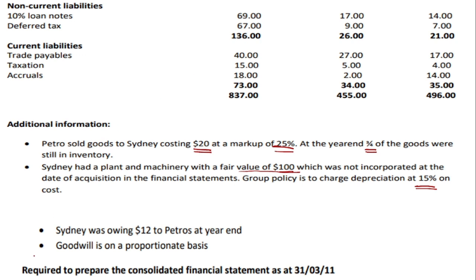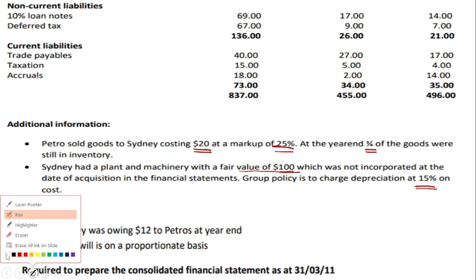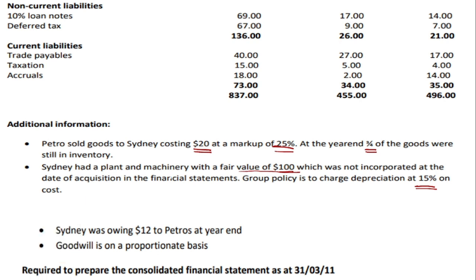This question would help you just to appreciate the basic principles of consolidation. So we have a number of workings. So we will start with working number 1, which we call the group structure. So W1.